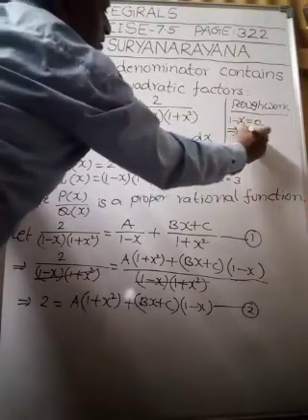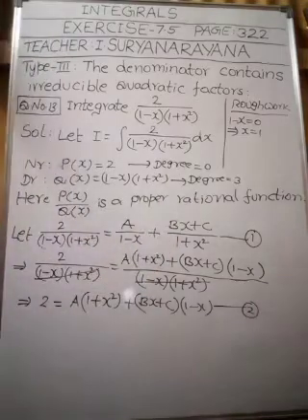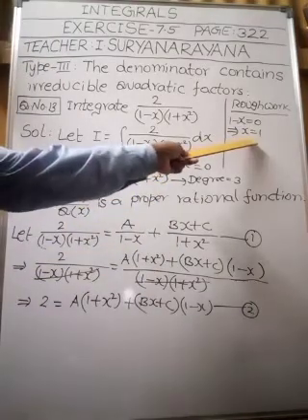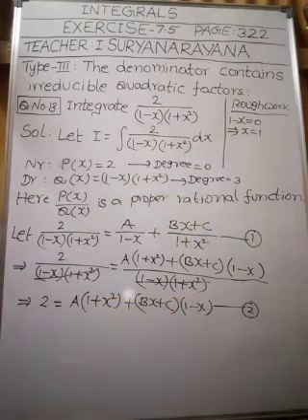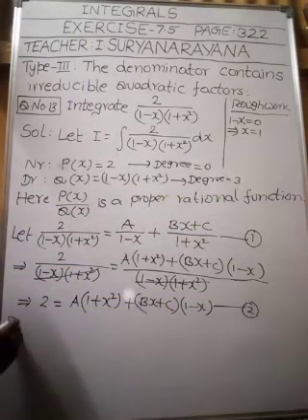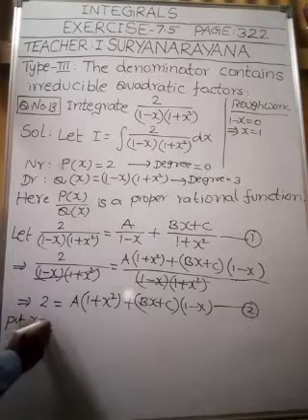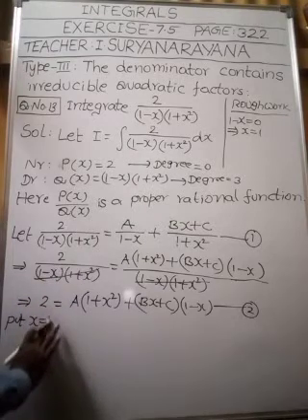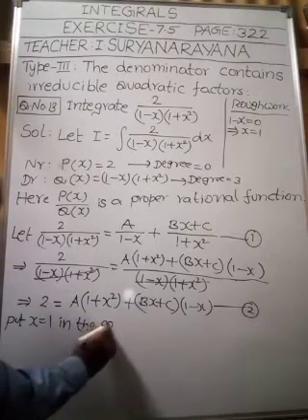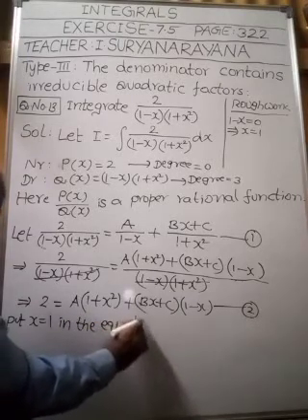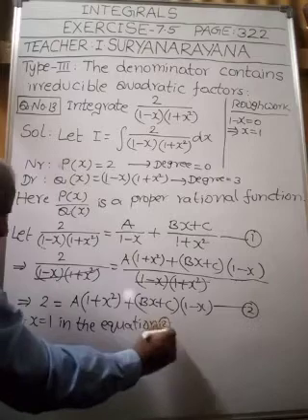From this equation, we find the value of x. So we got the value of x here. Now we have to substitute this value of x in equation 2. Put x is equal to 1 in equation 2.